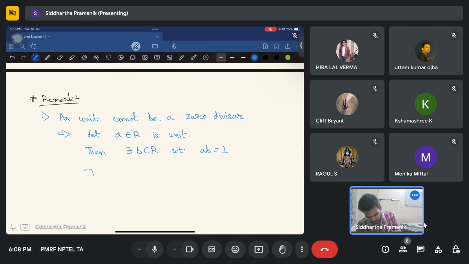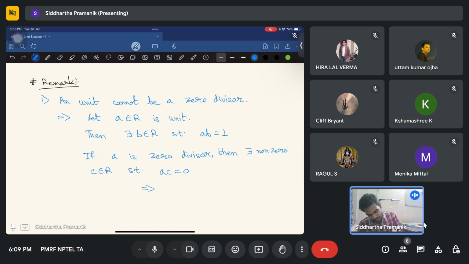Now if A is a zero divisor, then there exists some non-zero element, let's say C in R, such that A times C is 0. Now here, AB equals 1 and also BA equals 1, right? So in this equation you multiply with B on both sides.